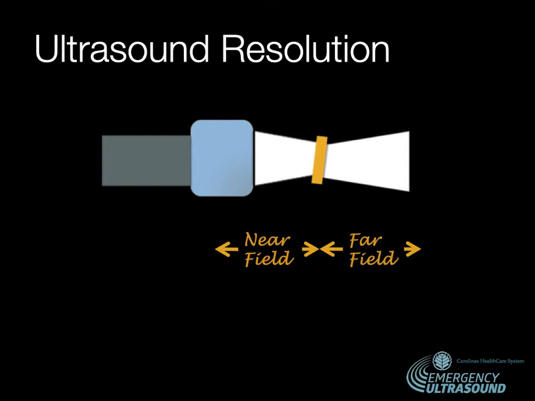You have less ultrasound signal divergence. Far field is on the opposite side, so further away from the focal zone, and objects here are more difficult to visualize given the divergence of ultrasound beams. So your focal zone is where your ultrasound beams just focus right in, and this is going to be your best resolution.